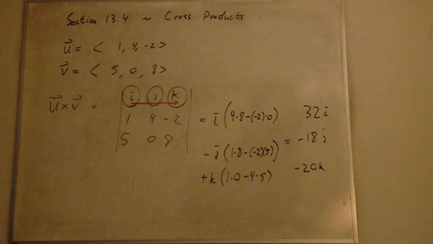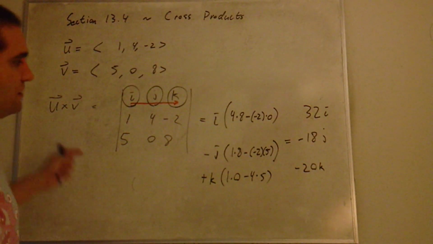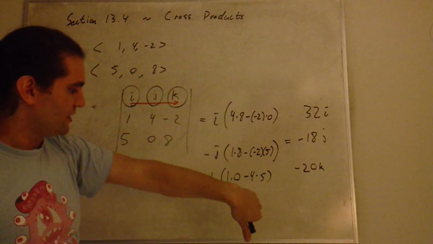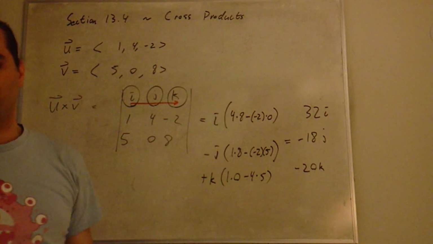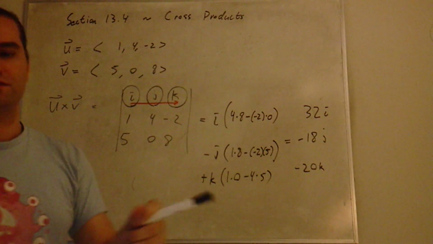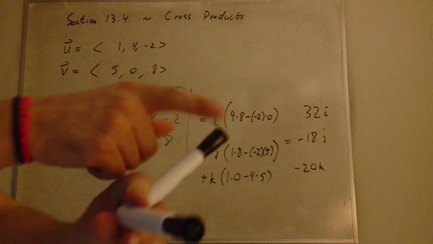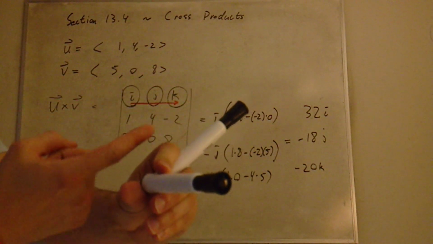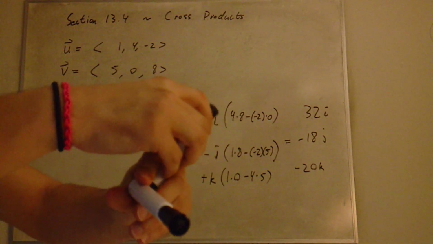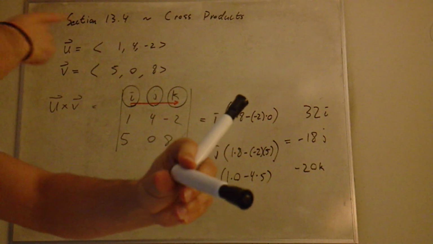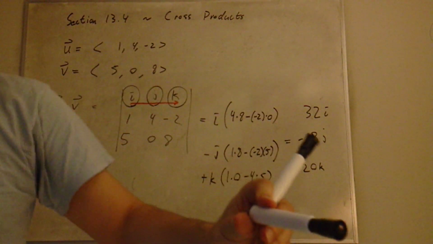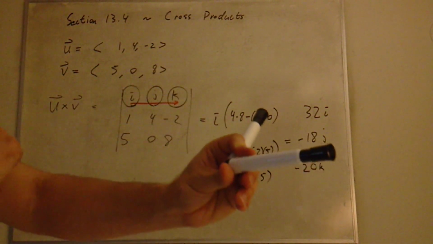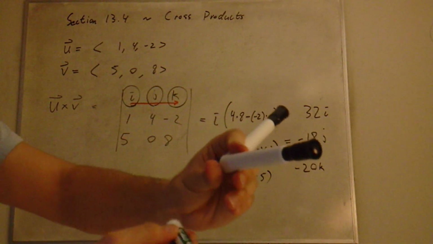So this is a vector that is going that way and down and back. So this is the green vector that we said. This one is u pointing mostly up and back. That 4 and the negative 2 is up and then back. And this is v pointing right and out.